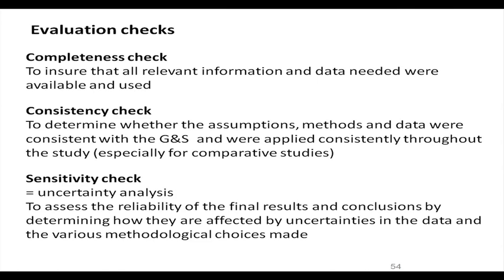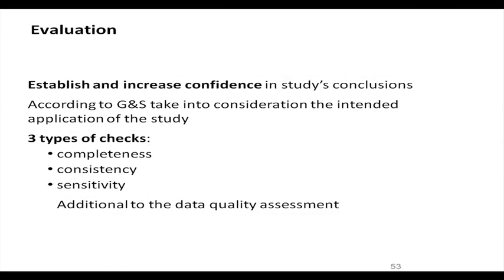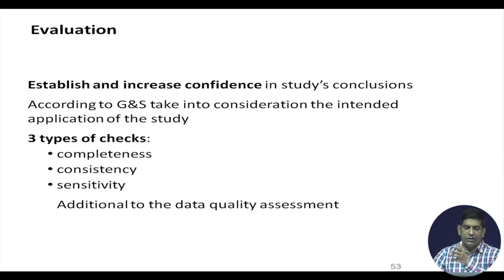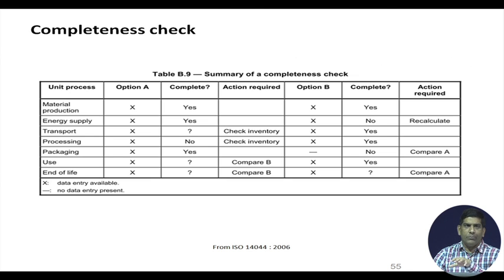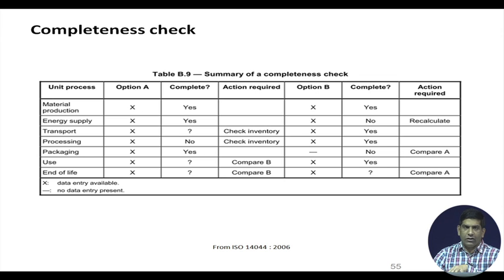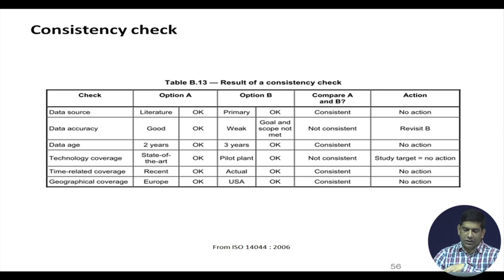And then we started looking at some specifics, when we talk about the uncertainty of the data. We looked at completeness of the data, consistency check of the data, and sensitivity check of the data as part of the evaluation, and identification of the issues. So for how to do the completeness check, we have again looked at this particular table, which comes from the ISO standard. Then we can do similarly for the consistency check.